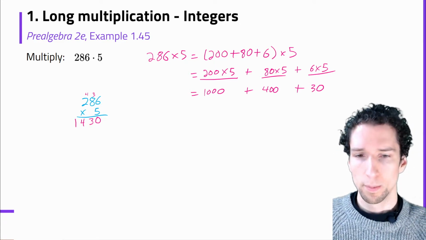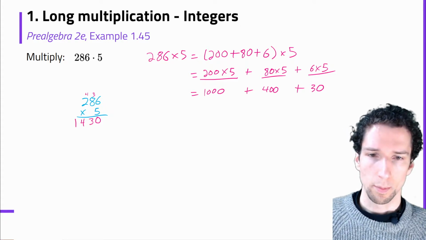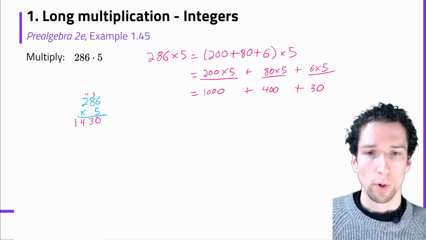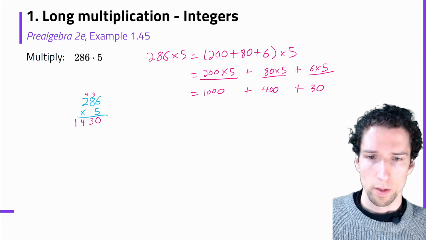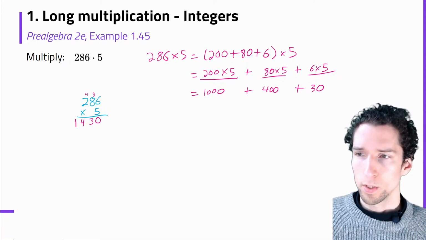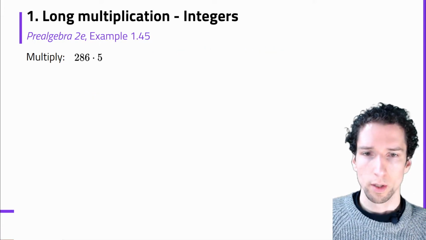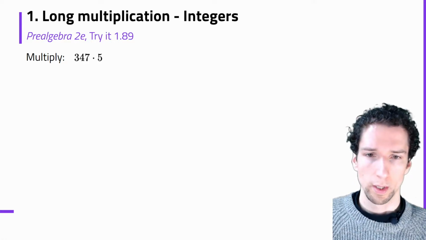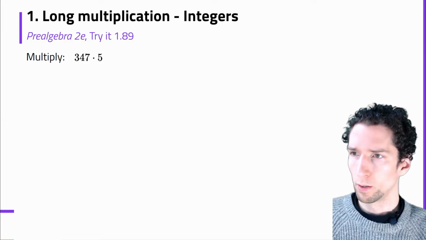Okay, so simple long multiplication example first, and then we'll have some more complicated ones in the next set. Okay, so that's the detailed explanation, and then let's do, as usual, my turn here.